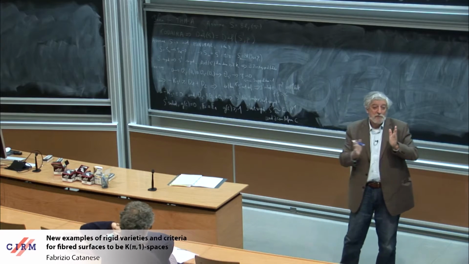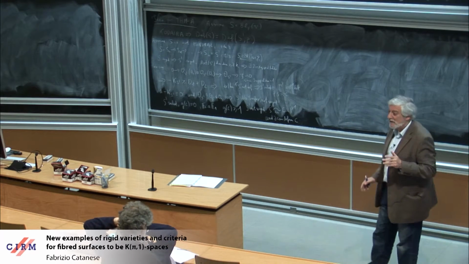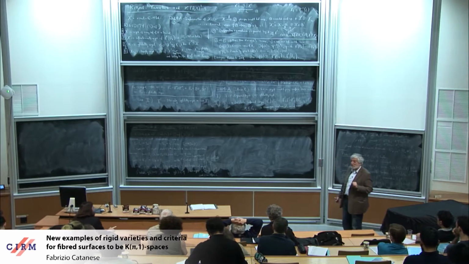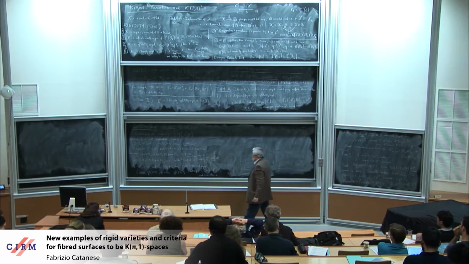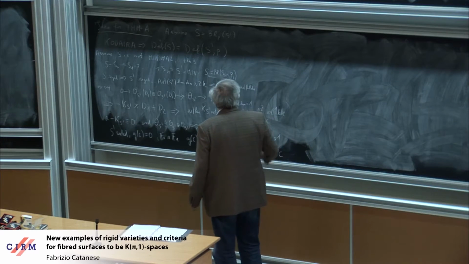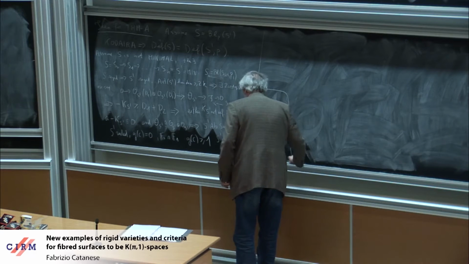And this you can do by moving C. An elementary transformation is where you blow up a point in the fiber and contract the strict transform, and so this shows immediately the ruled case.